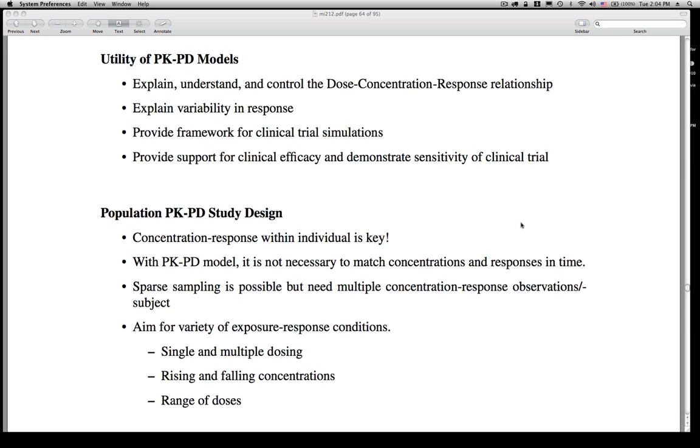Okay, so why do we model PK/PD, or exposure response? One is to explain, understand, and control the dose concentration response relationship, explaining variability in that relationship, as well as, now we're getting into something more useful, providing a framework for clinical trial simulations where we're doing something more than a pharmacokinetic outcome as a dependent variable.